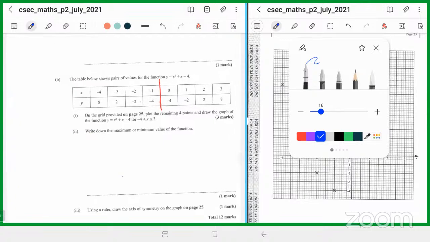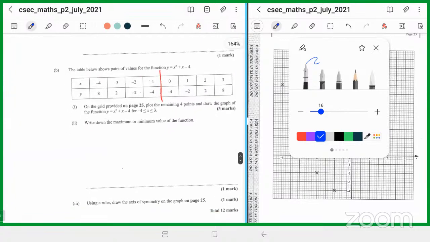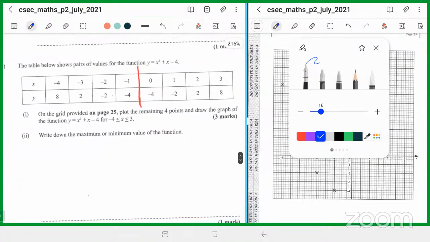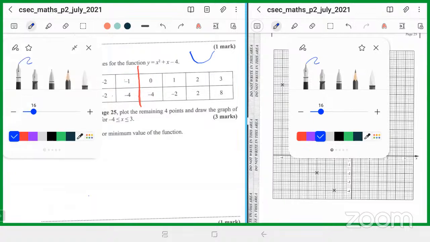They gave us all the values except that we must recognize that it's a smile, because the square term is positive, so it's going to be shaped like that. It's going to have a minimum point, and the minimum point is somewhere below -4. It's at a value where x is between -1 and 0. Halfway between -1 and 0 is actually -0.5.